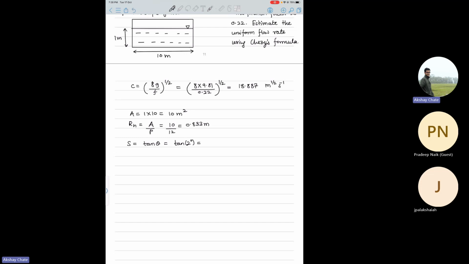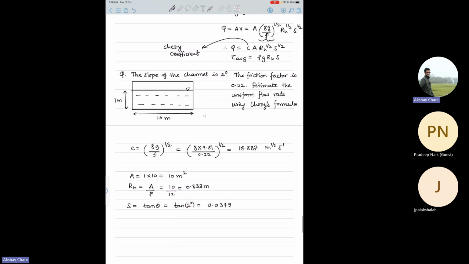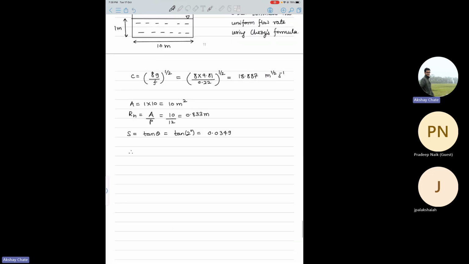It will be a very small value, so it comes out to be 0.0349.